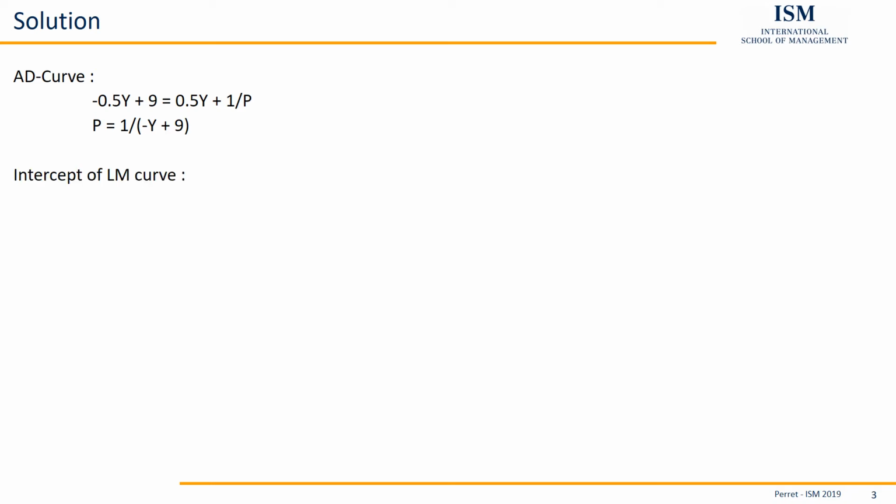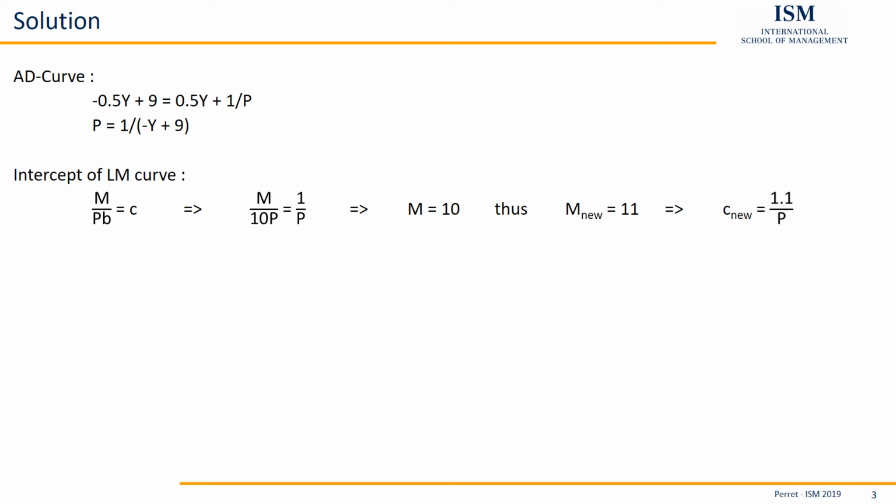So we can take a closer look at this intercept of the LM curve in a theoretical context. Here, if we solve the theoretical LM curve for the intercept, we get as an intercept, here we call it C, M divided by P divided by the parameter B.